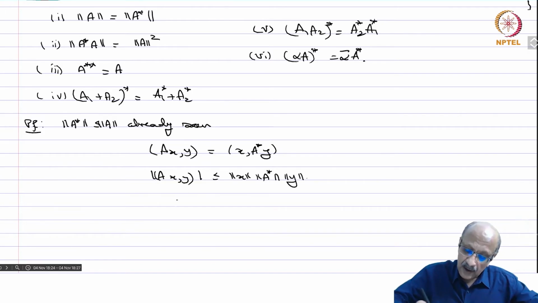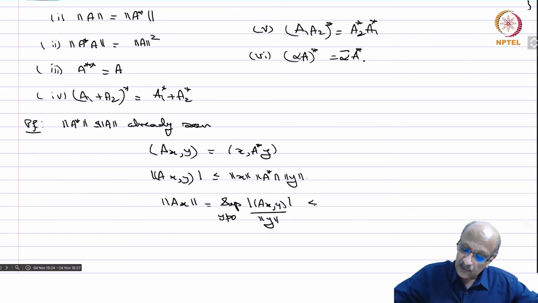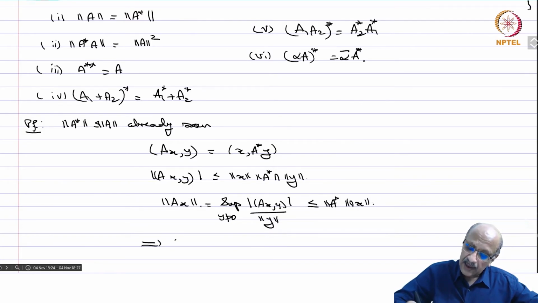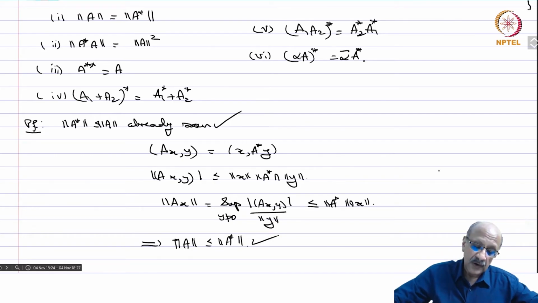So norm of Ax is nothing but the sup of |(Ax, y)| by norm y over y not equal to 0, and that is of course less than or equal to norm of A star times norm of x. And therefore norm Ax by norm x is less than or equal to norm of A star, and this implies that norm of A is less than or equal to norm of A star. So we have both the inequalities, and therefore the first one is proved.